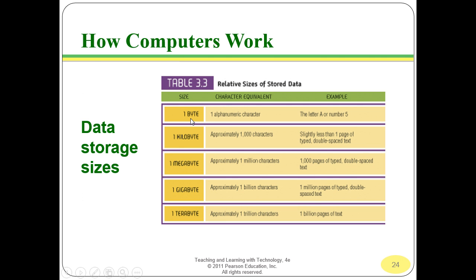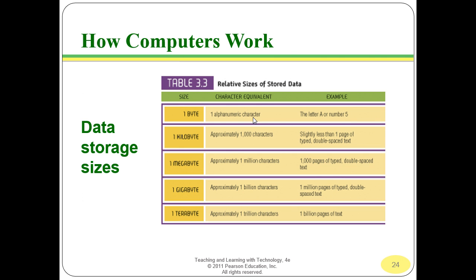When they talk about bytes, how many bytes in a hard drive or something like that? Well, the approximate value of a byte is one alphanumeric character, or one keystroke on a keyboard. A kilobyte will be 1,000. A megabyte, 1,000,000.